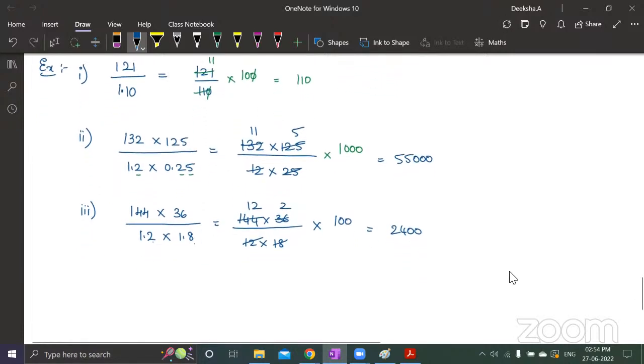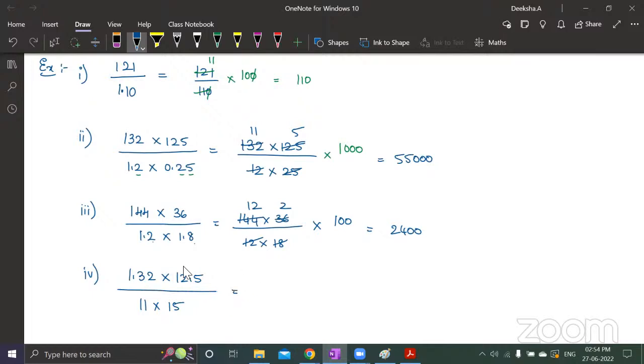Now let us see if it is the opposite way. If you have a decimal number only in the numerator and in the denominator you don't have any such numbers. So if you have 1.32 into 12.5 divided by 11 into 15. Here we have a decimal number only in the numerator.